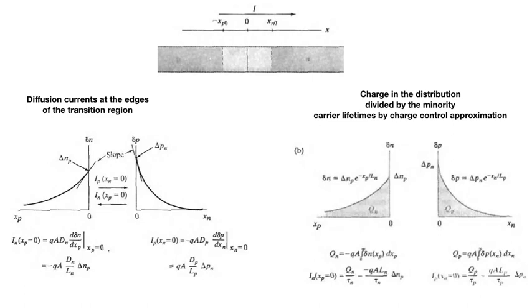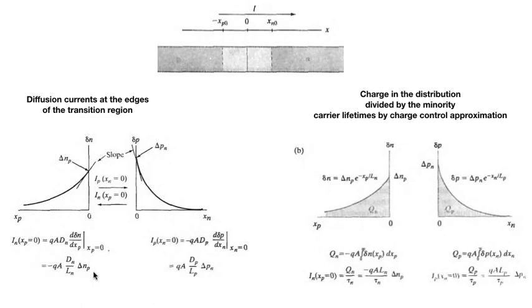If we look at XP0 and XN0, then the diffusion current at the edge of the transition region will be due to del NP and del PN. IN at XP equals 0 is QA Dn times the differentiation of the excess distribution over the length, which is minus QA Dn over Ln times del NP.